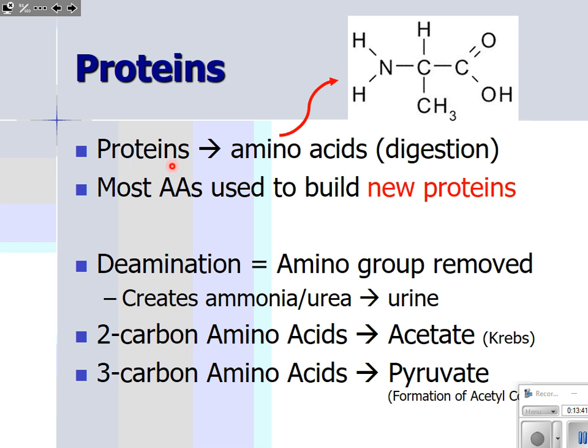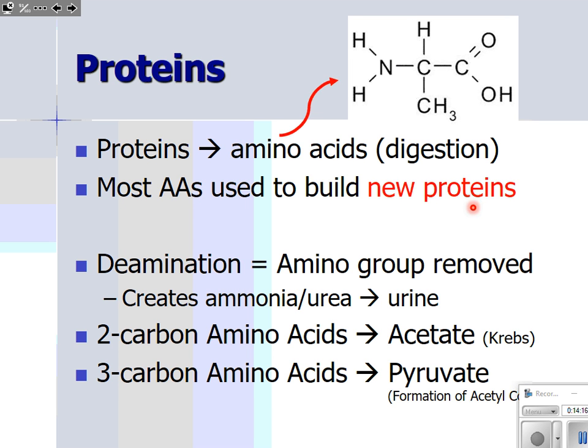So what I must do is digest that cow protein, break it down into its amino acid components, and then my cells can take those amino acids and build my own human proteins, my muscle proteins, my enzymes, whatever kind of proteins I need to build. I can use the same building blocks that were in that cow protein, and now I can use them to build my own protein. And that's what you're going to do with most amino acids.